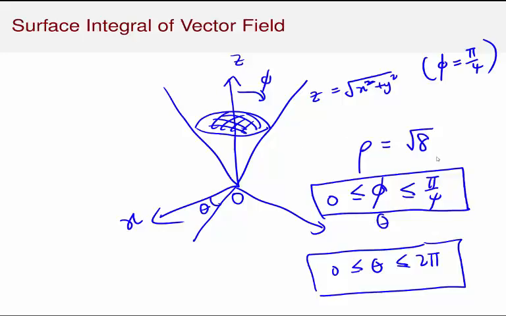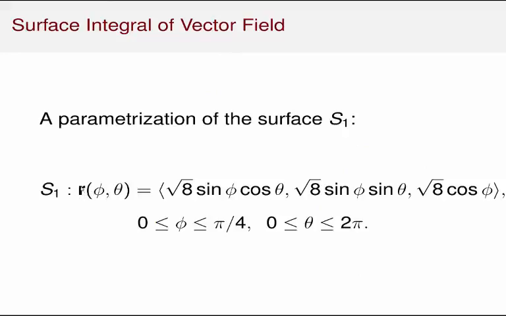With this, we are now ready to write down a vector function that traces out the surface S1. Namely, we have the vector function r depending on phi and theta, where the first component is given by this expression here, since x in general is given by rho times sine phi cosine theta in terms of spherical coordinates. Since rho is square root of 8 in this case, we have this expression here in the first component.